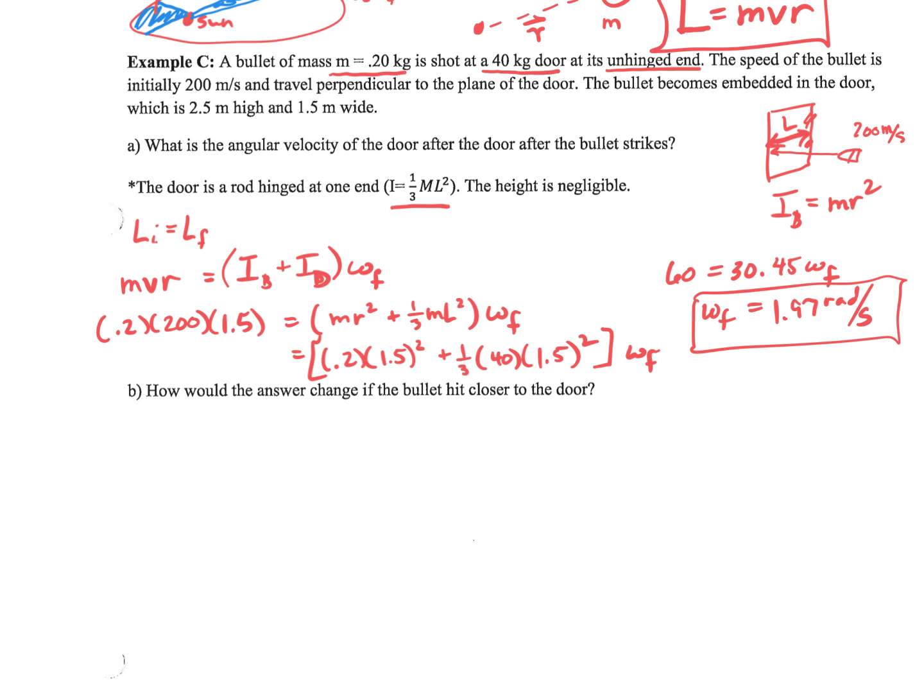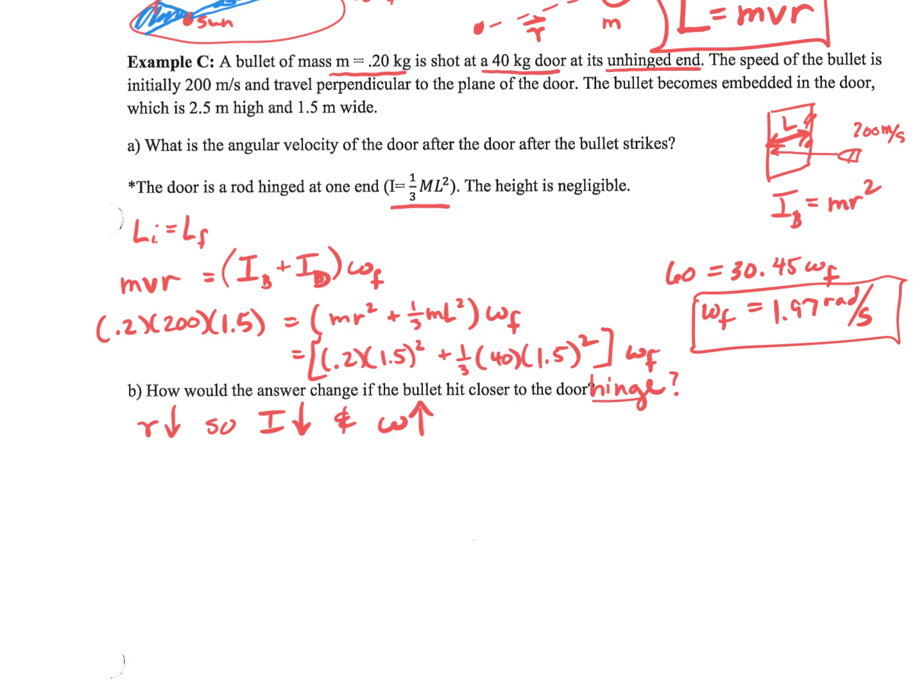All right, so here's your question. How would the answer change if the bullet hit closer to the door hinge, instead of at the very edge? That means R would go down. So inertia would go down, right? So if inertia goes down, then angular velocity would go up.